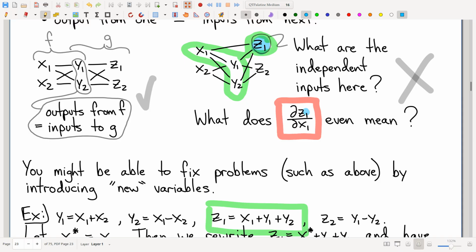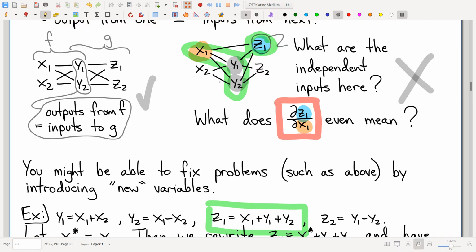So z1, we're looking at the partial of z1 with respect to, okay, I'll use orange, with respect to x1, which means I want to let that be a variable, but it's a partial derivative, so that means I hold the other variables constant. If you just look at it, this would seem to be what we mean by this partial derivative.